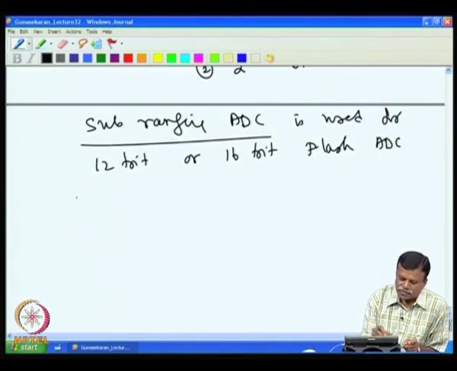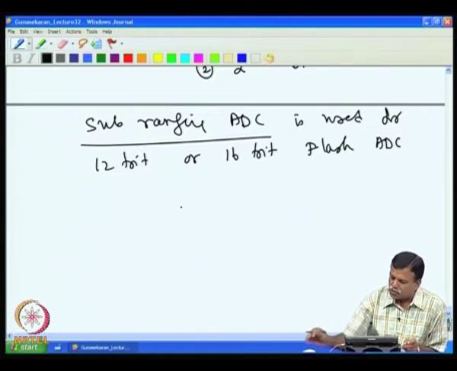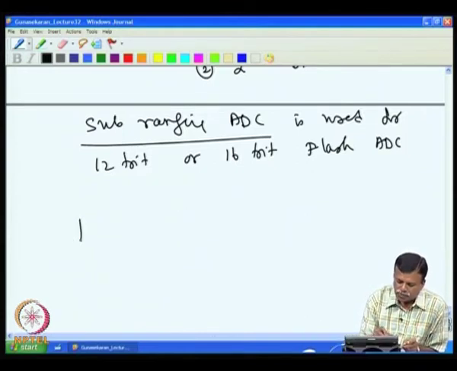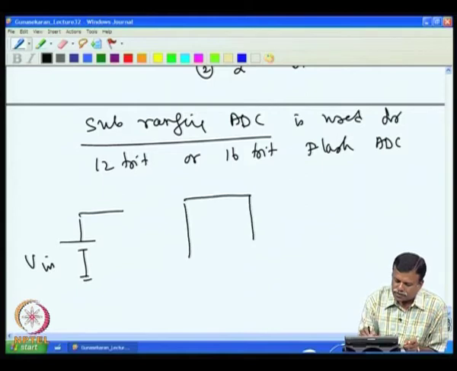In the subranging flash ADC converter, you have your input voltage to be digitized, V input, that is given to an A to D converter, which is an 8 bit flash. So, you have an 8 bit flash here, it goes to your resistor divider and then your comparators.